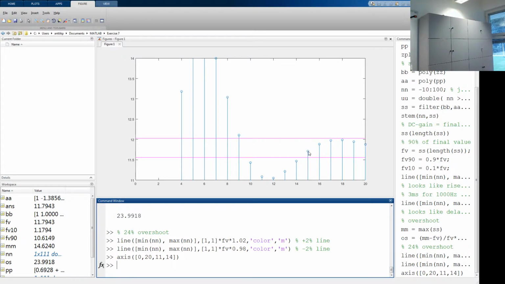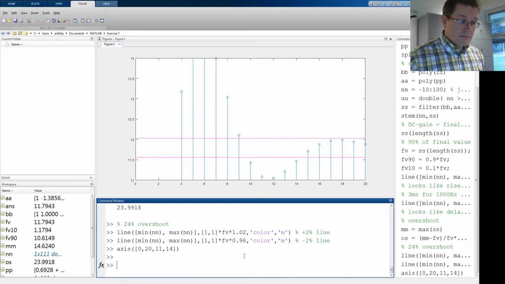Now the signal has settled, since after this one you don't get any overshooting more than 2% anymore.